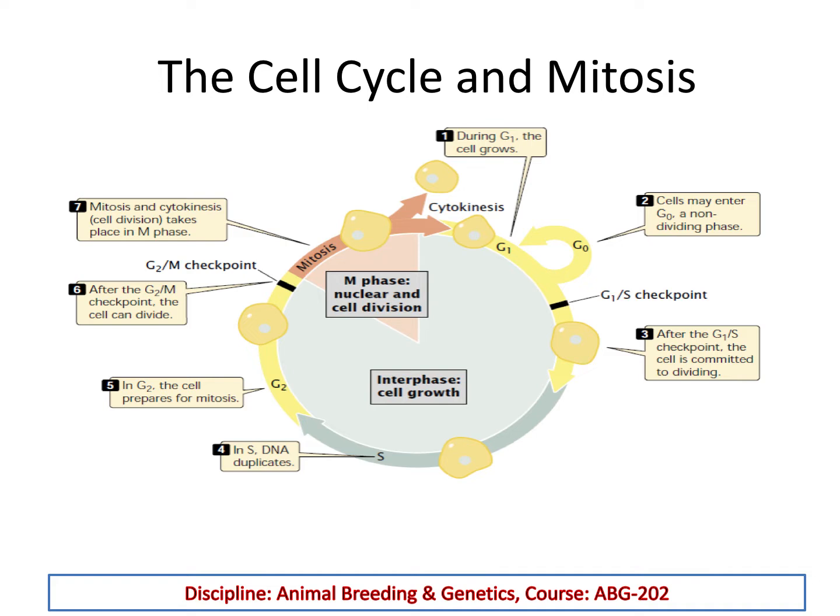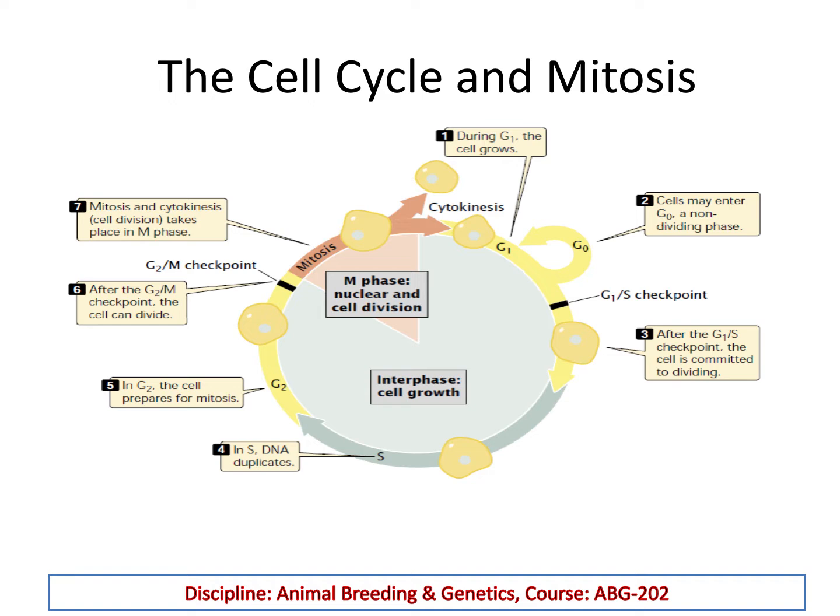Now this checkpoint is named after the phase from which the cell is coming and the phase which the cell is going to enter. The cell is coming from G1 and is going to enter the S phase, or synthesis phase. So this checkpoint is called G1S. Once the cell has enough growth, it will pass through the G1S checkpoint and enter into the S phase.